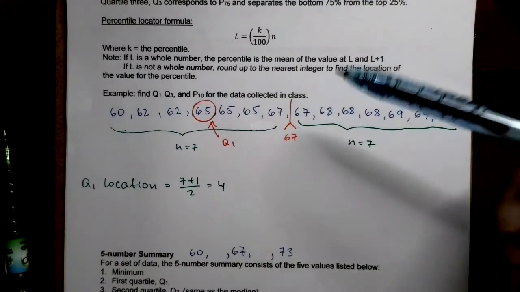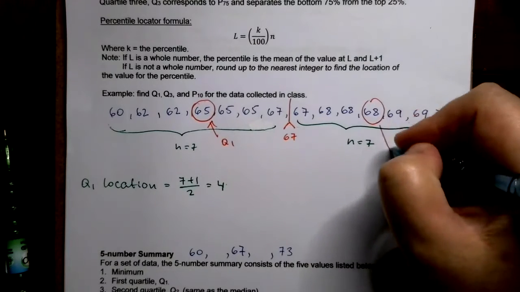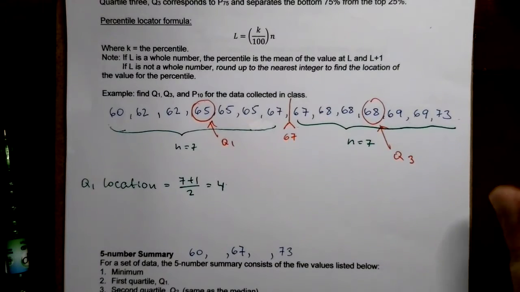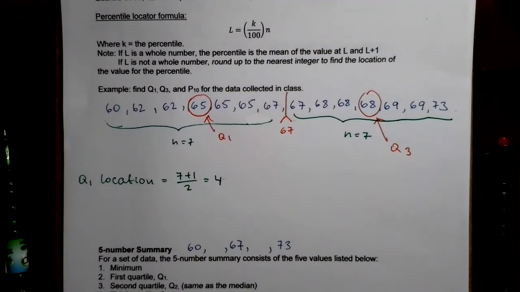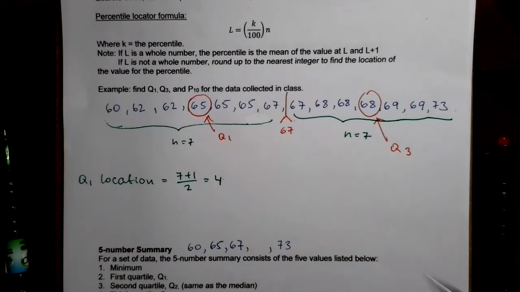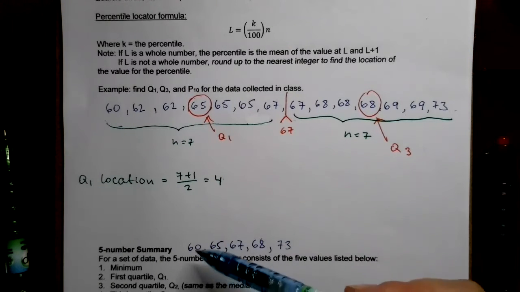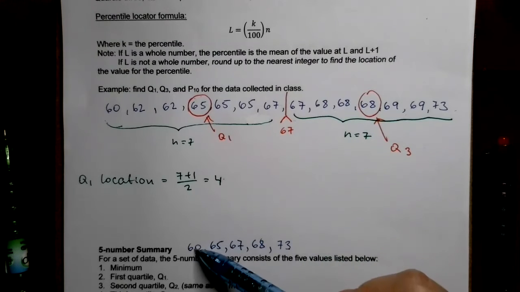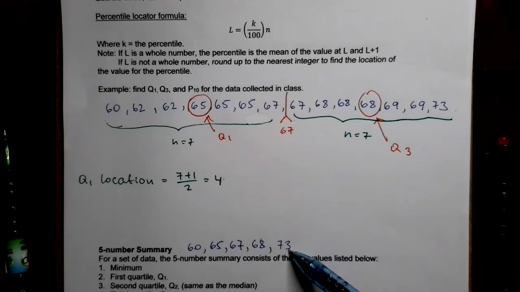Counting 1, 2, 3, 4, here it is. So this is our Q3 value. Now we finish constructing our five-number summary. 65 goes for Q1 and 68 goes for Q3. So we have 60, 65, 67, 68, 73: minimum value, Q1, median, Q3, maximum.